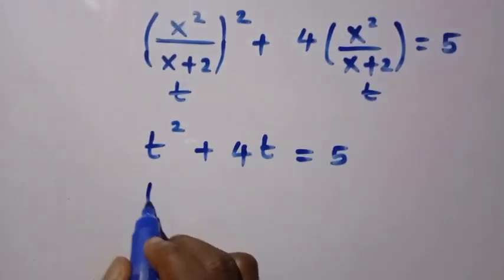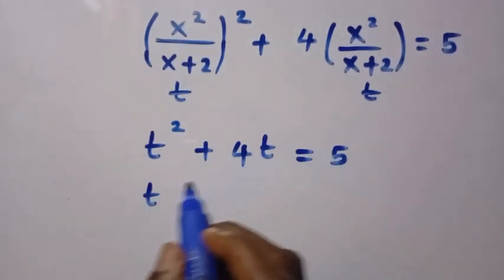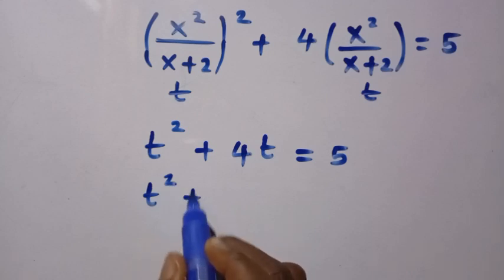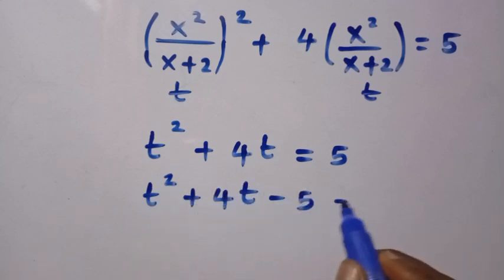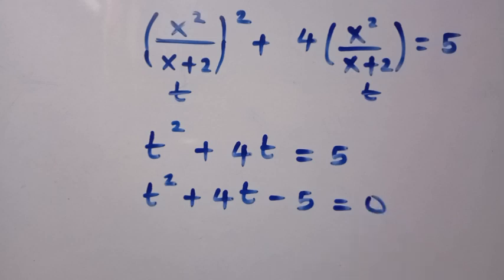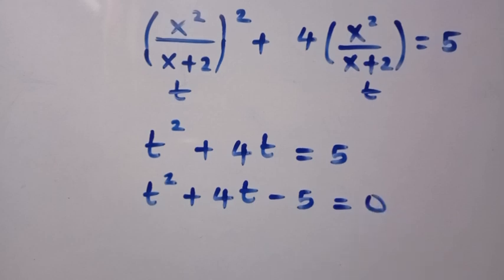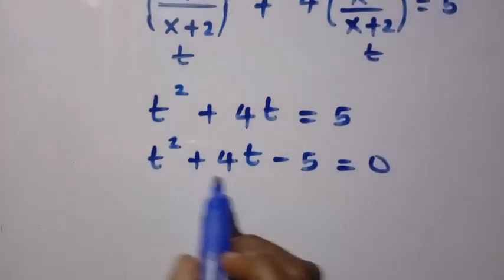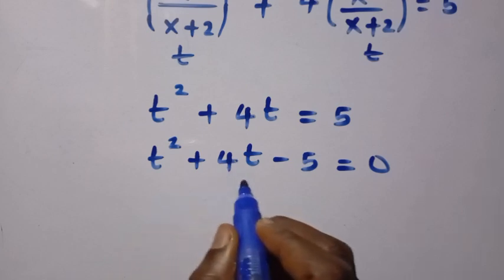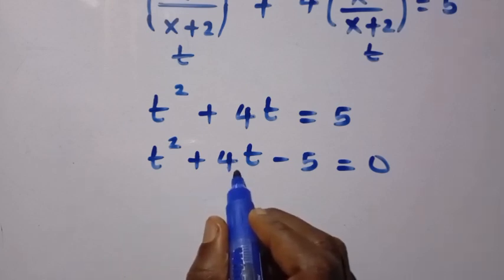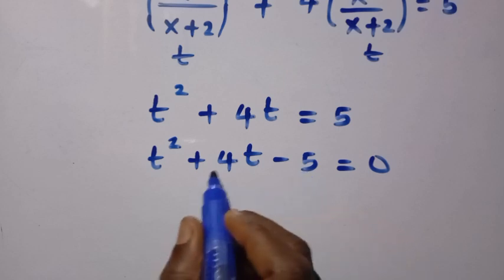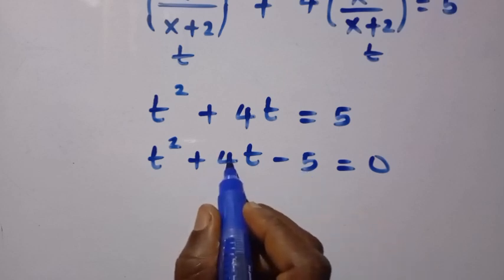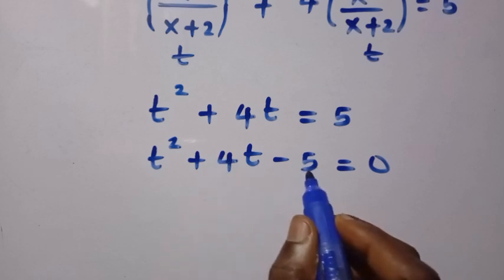Then by taking 5 to this side, we have t squared plus 4t minus 5 equals 0. Here is a quadratic equation. We look for two numbers whose sum will be 4 and whose product will be minus 5.